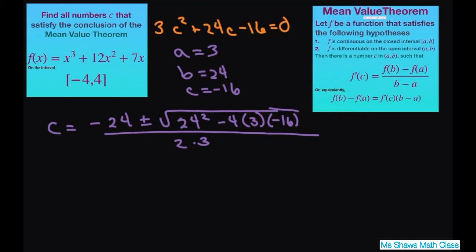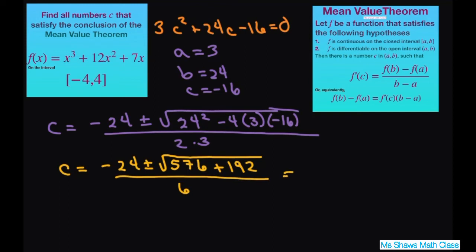We're going to get c equals -24 plus or minus square root of 576 plus 12 times 16, which is 192, all divided by 6. So that's going to be -24 plus or minus square root of 768 divided by 6.